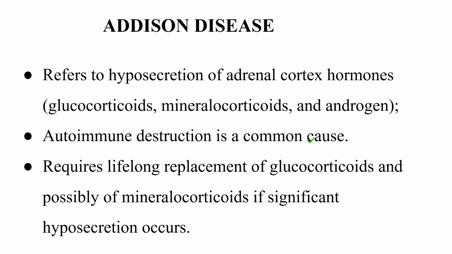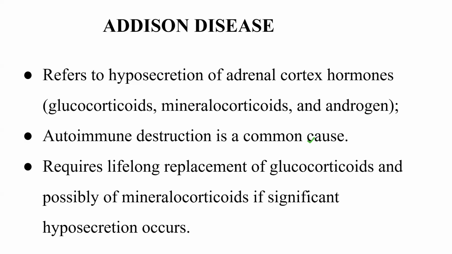Addison disease is an example of an adrenal cortex disorder. This refers to hyposecretion of the adrenal gland. Addison disease refers to hyposecretion of adrenal cortex hormones.